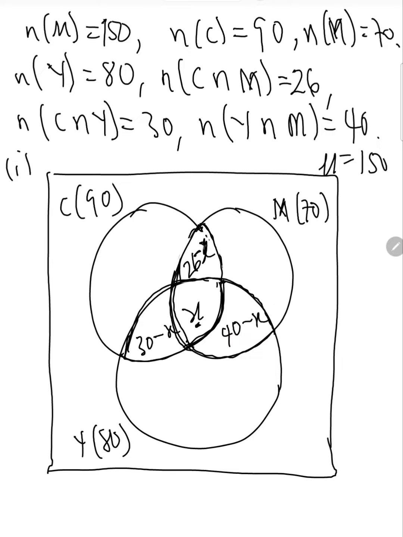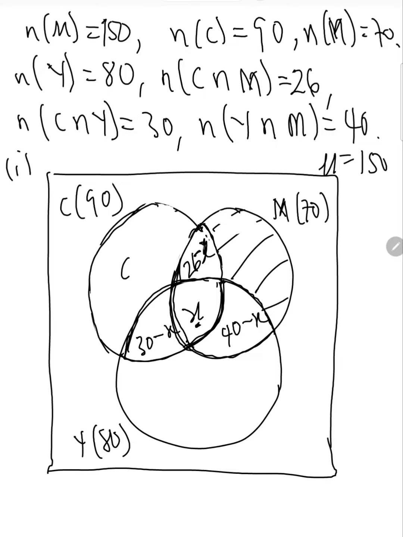x. Now this portion represents cassava only, but because in the question we were not given the value of traders who sell cassava only, then it means we must use a variable to represent. So I'm using small c. In the same vein, this portion also represents maize only. We were not given.